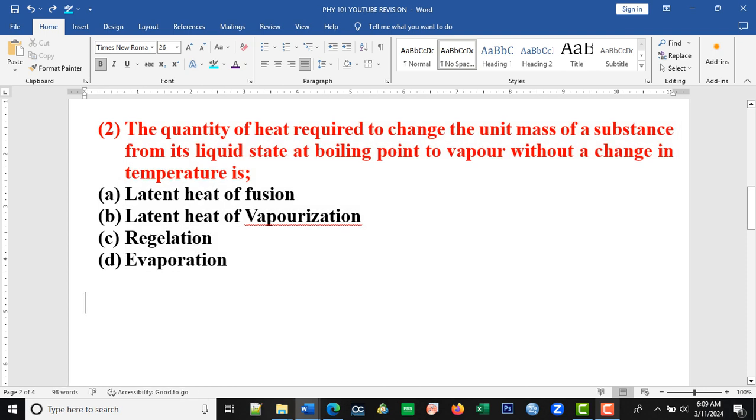The quantity of heat required to change the unit mass of a substance from its liquid state at boiling point to vapor without a change in temperature is latent heat of vaporization.